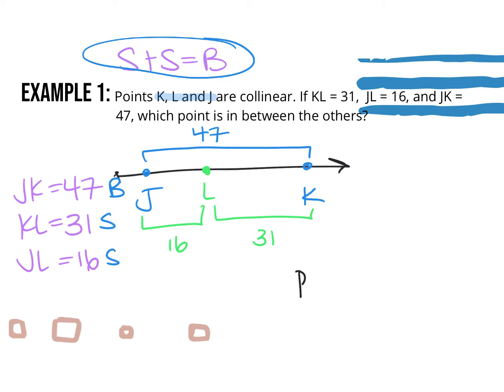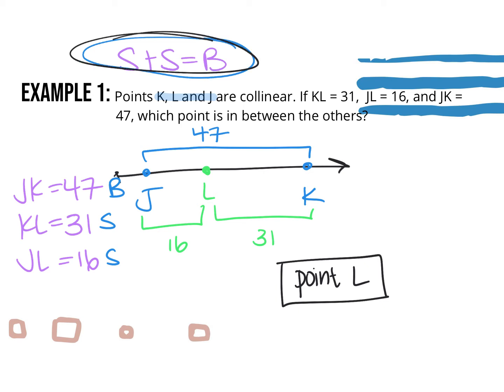Our answer would be point L. Again, small plus small has to equal big. We looked at the three distances given to us and determined which is the biggest. That was JK, so those have to be the two outer points, and L has to be somewhere in the middle.